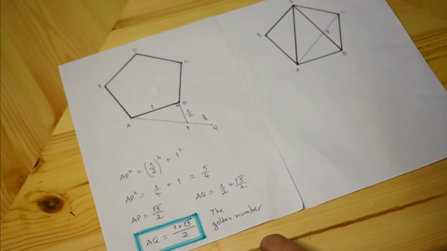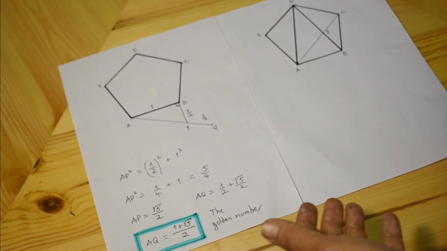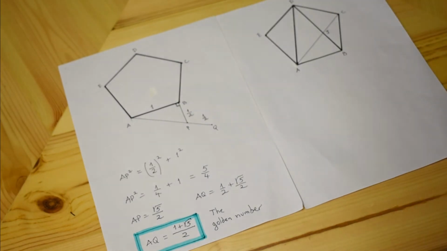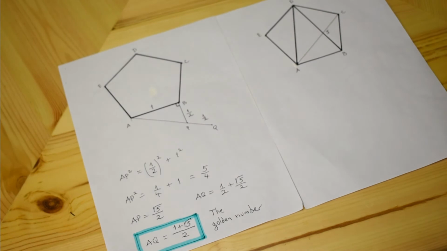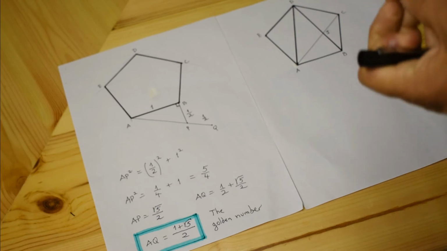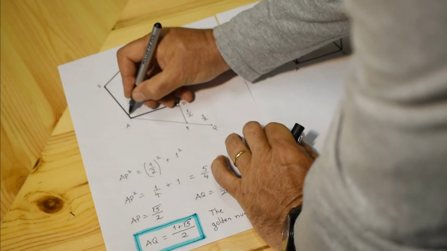is the golden number. What has to do that number with the regular pentagon? We are going to demonstrate that that is exactly the length of the diagonal of the regular pentagon. That's what we are going to demonstrate. So first, we are going to figure out what's the measure of each angle of the pentagon.